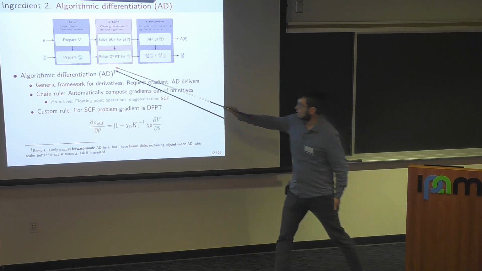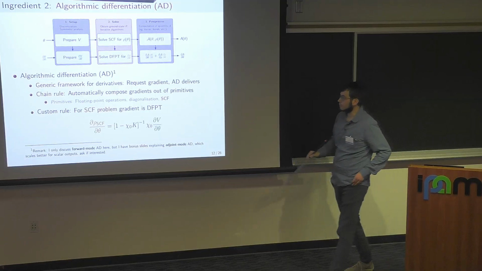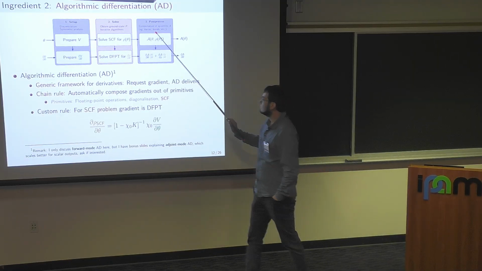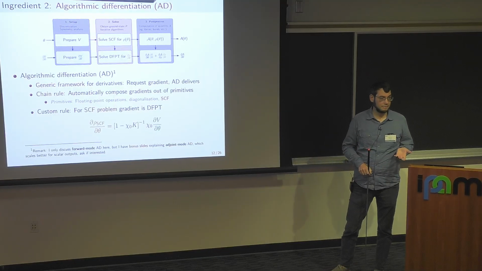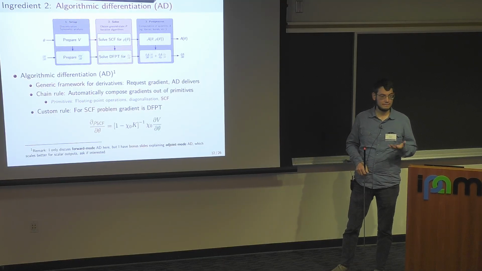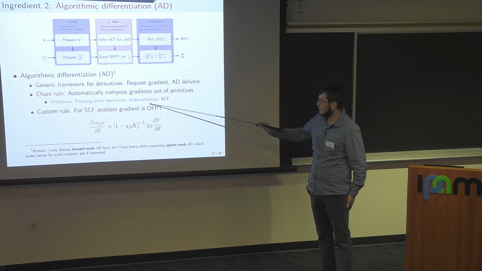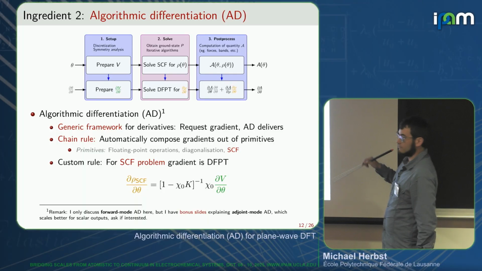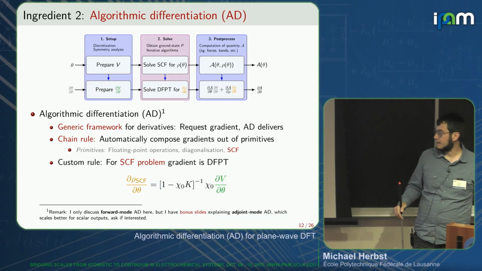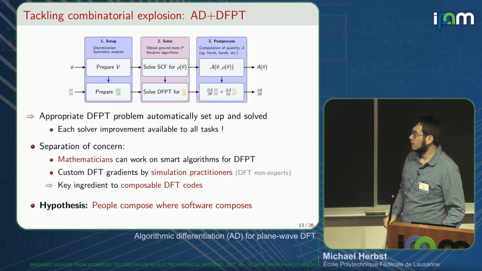So if one is able to do that and assembles all of that, one breaks this combinatorial explosion problem, because this is what varies between the different input and output parameters, and that's exactly what this algorithmic differentiation framework takes care of for me. Right? So if I have in my DFT code an efficient density functional perturbation theory solver, and I couple it with algorithmic differentiation, I'm effectively done. And that's exactly what we have achieved in our recent work.